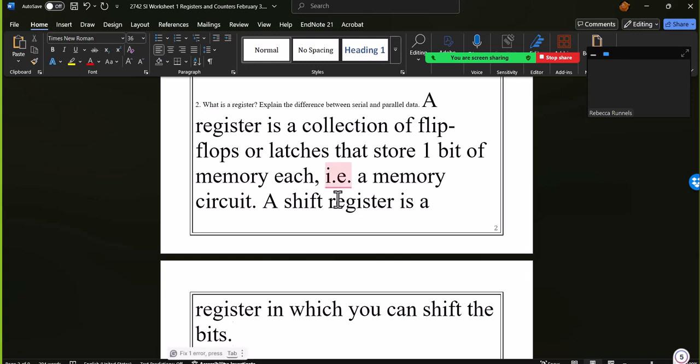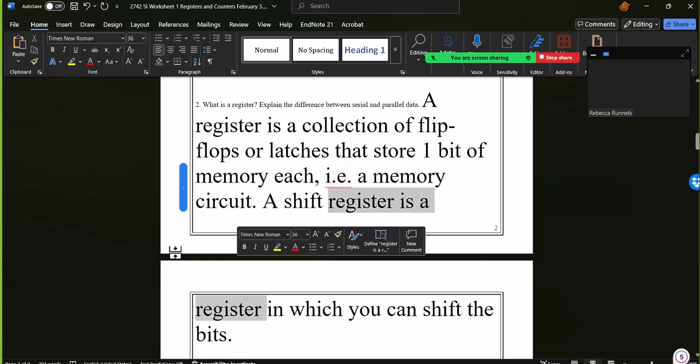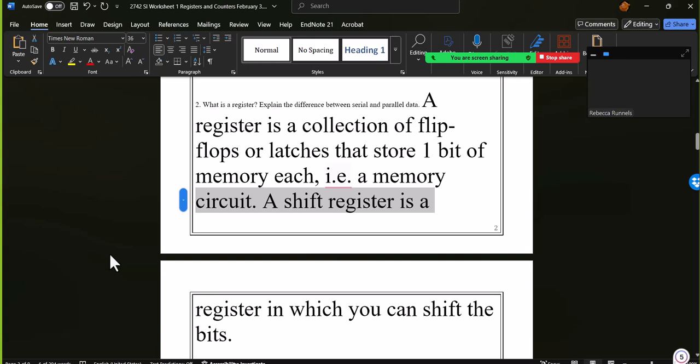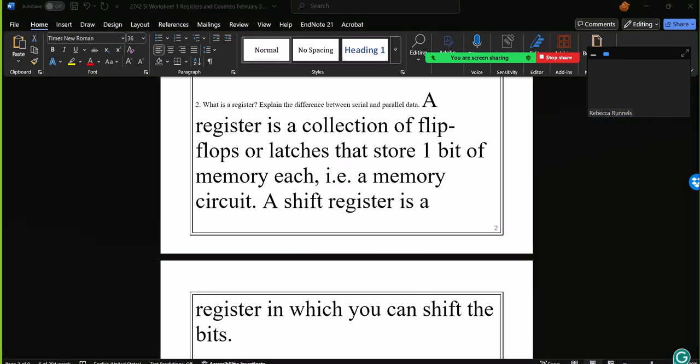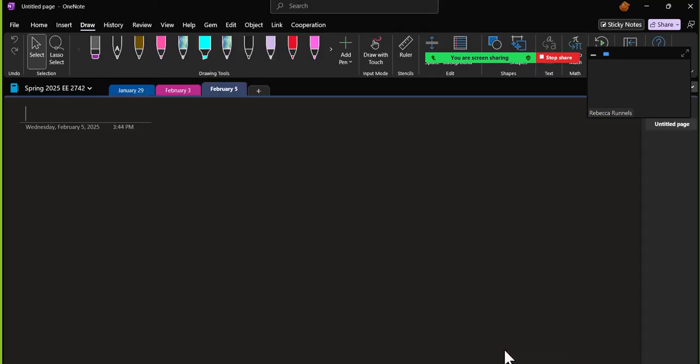So we talk about shifting the bits, moving the bits right or moving the bits left. And if you think about it, and you may not have thought about it before now, when you have a binary number, like let's say I have this binary number 1101, that's my binary number.